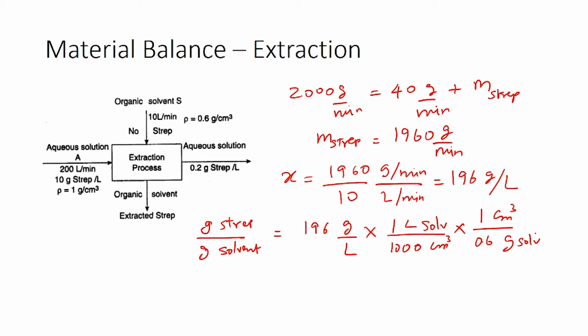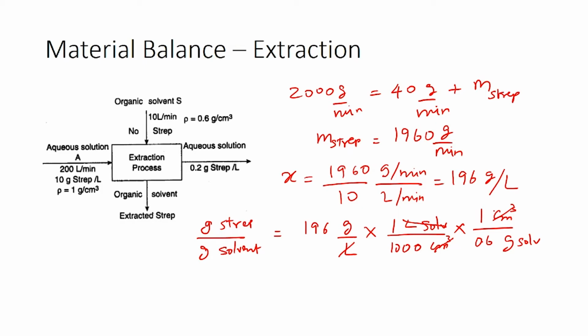Now, the liters in the concentration and the liter in this conversion factor get cancelled, because both represent 1 liter of the solvent. The centimeter cube of these two terms can also be cancelled, because both represent the volume of the solvent.